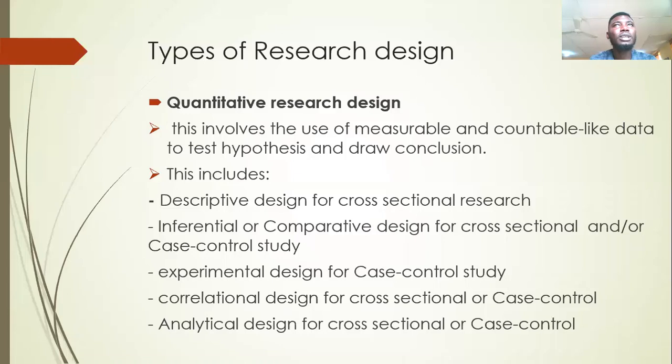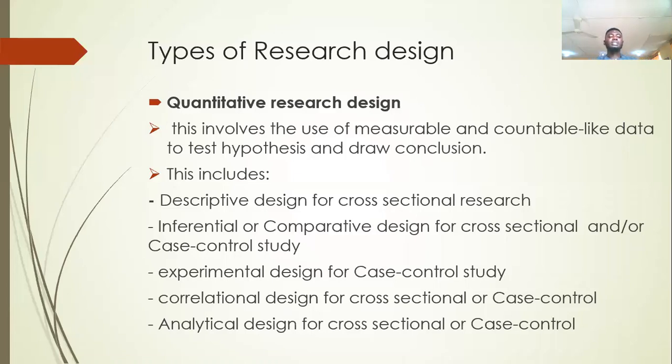For example, you can measure height, yes, but you can't measure something like female and male. It's not measurable. You can only count the amount of male or the amount of female, but you cannot measure it. So that is countable, that is measurable and countable-like data to test hypothesis.